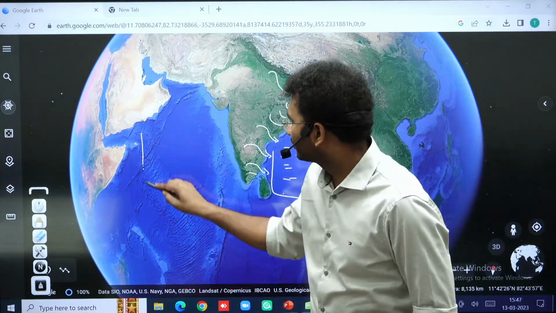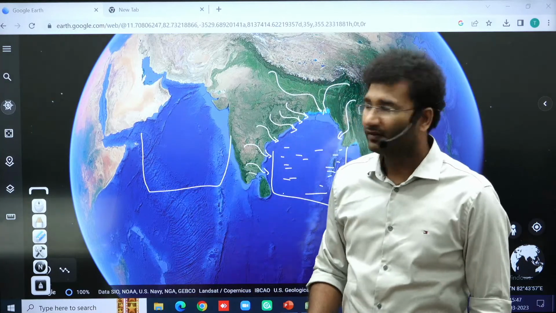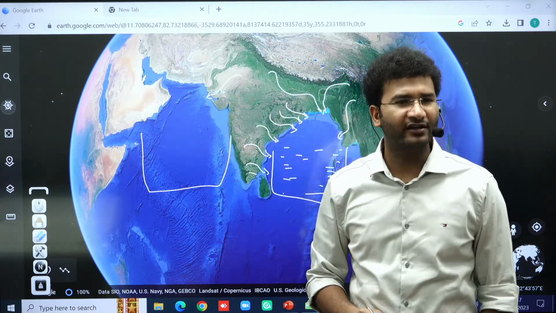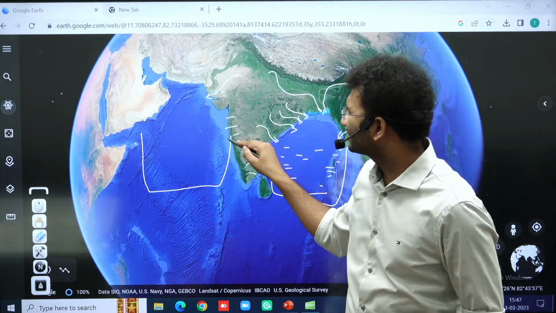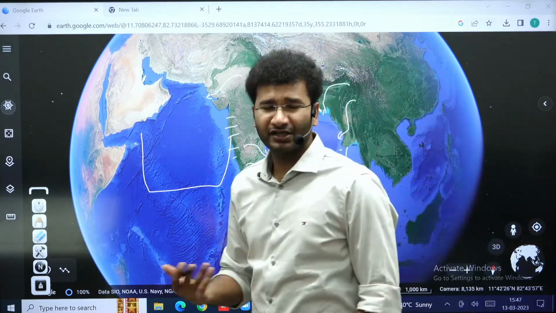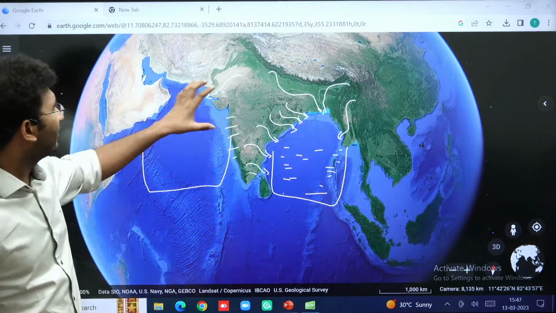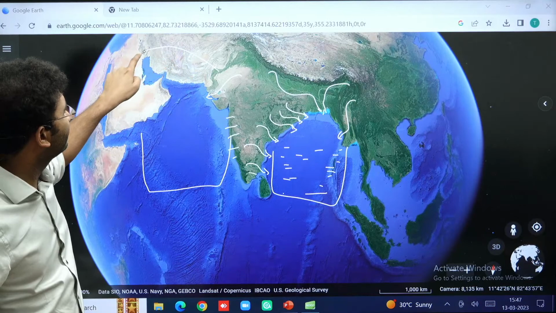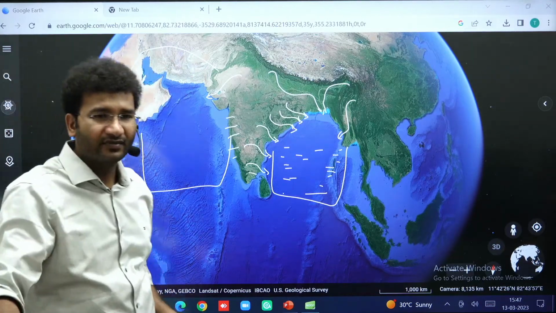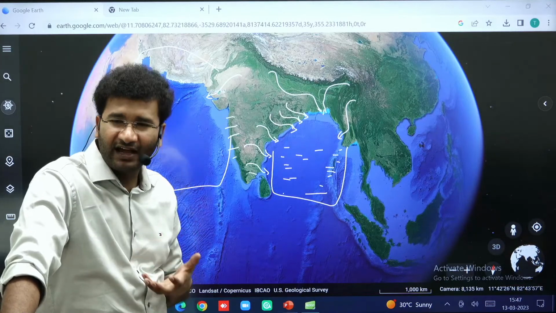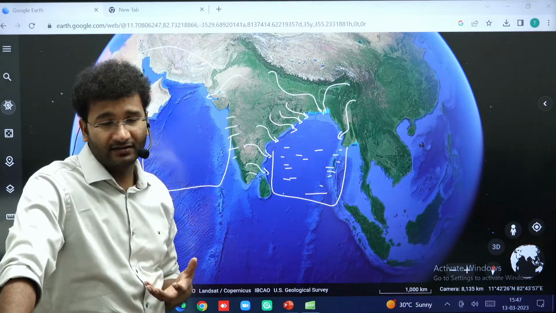Now you look into this bowl. Here, if you look at the rivers, only one big river, the Indus, the rest are very small rivers, they do not add much volume of water to the ocean. And also you look into this area, most of the area is desert area, right? And these desert areas will have some desiccating effect. What is the desiccating effect?